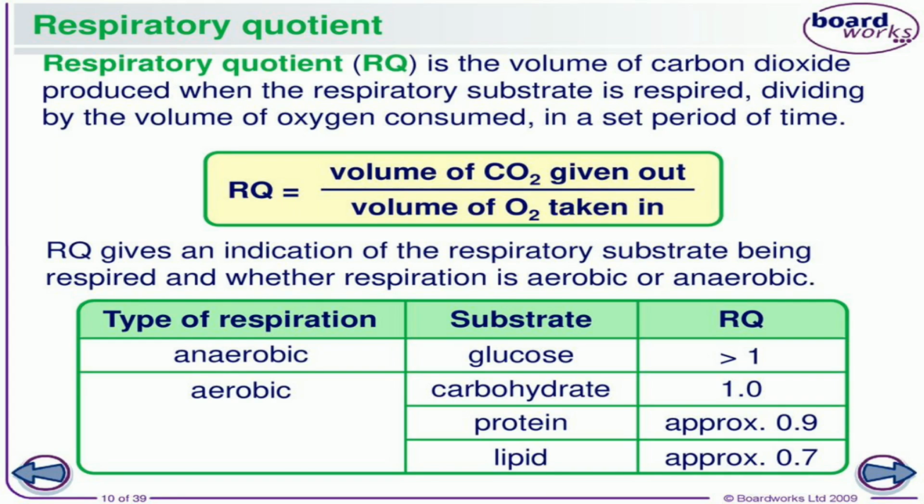And in aerobic respiration, if the substrate is carbohydrate, it is exactly 1, and if it is protein, it is approximately 0.9, and sometimes when the lipids are used as a respiratory substrate, the respiratory quotient is 0.7. So it is very important to know the respiratory quotient, which gives us an indication as to which substrate is being used in the respiration.